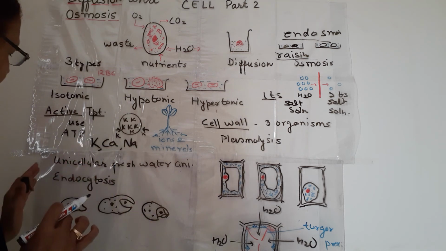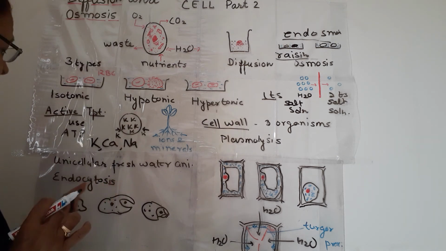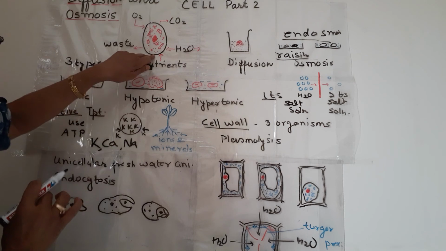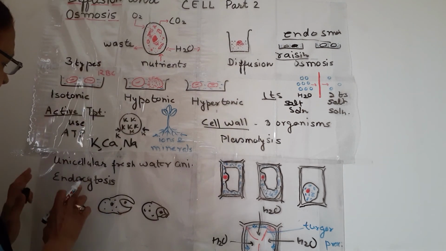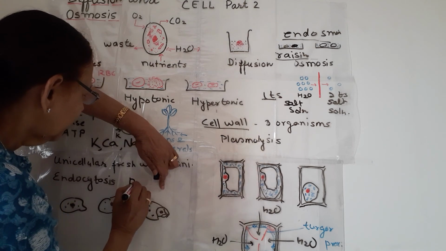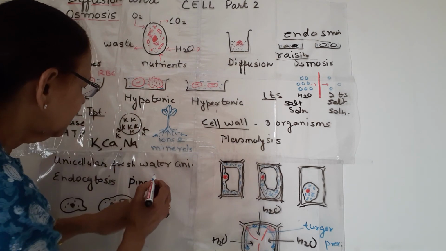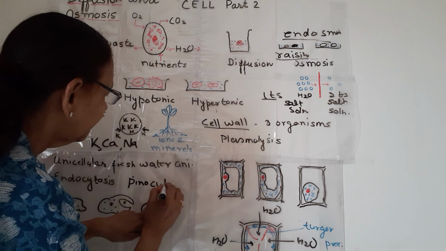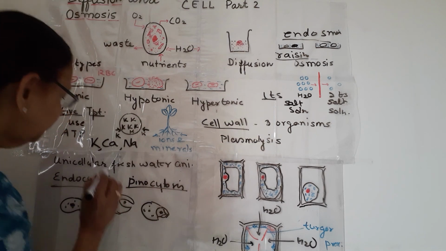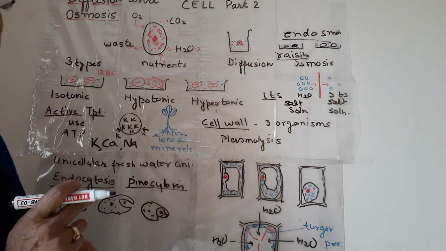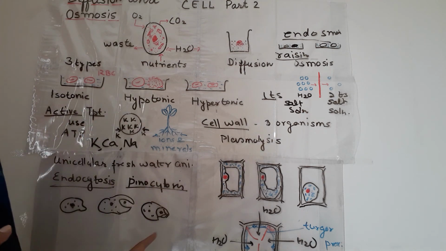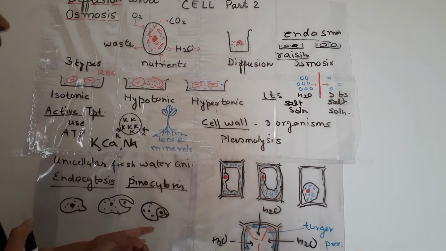And this process is known as endocytosis, and this endocytosis is due to the plasma membrane. When a solid is taken, it is known as endocytosis, and when liquid is taken, it is known as pinocytosis. So these two processes are due to the presence of the plasma membrane in unicellular organisms like amoeba.